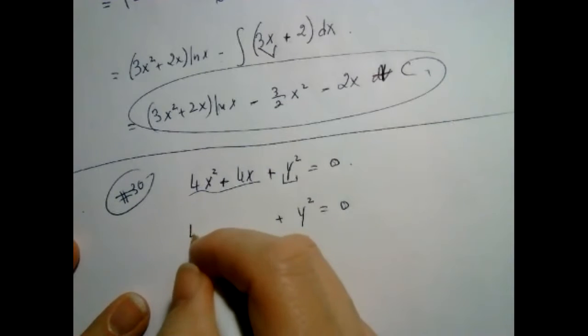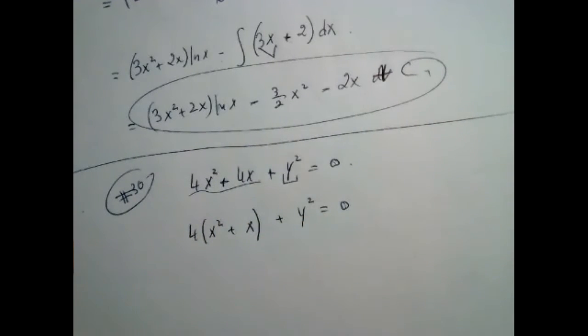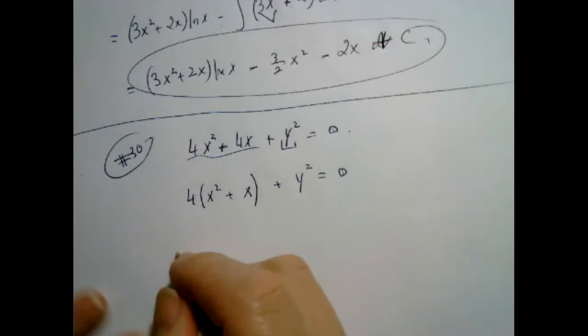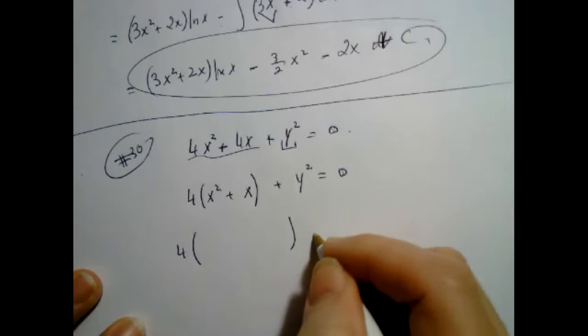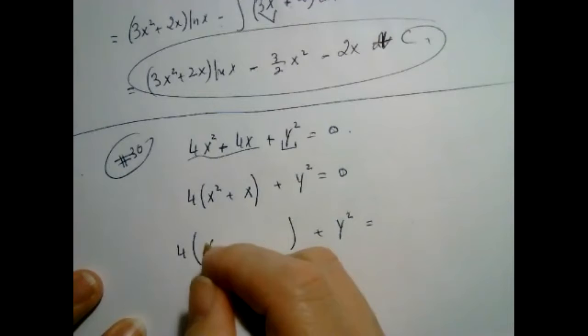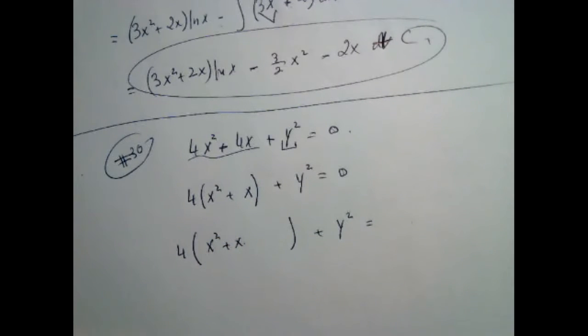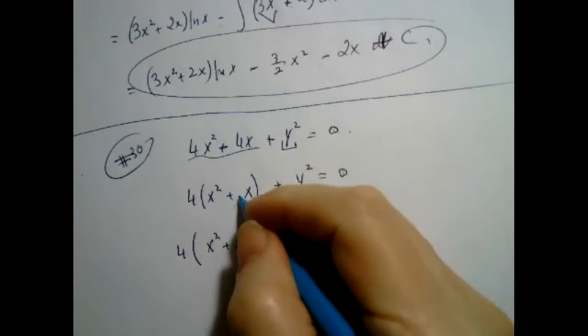Here I have to factor out my 4, and this would give me x squared plus x. Okay, and now we complete the square. Now here the coefficient of x is a 1.